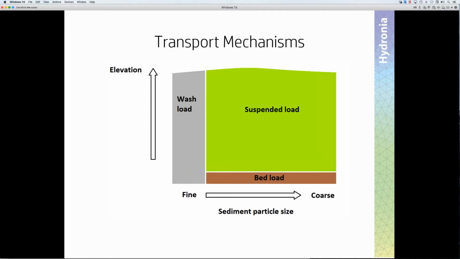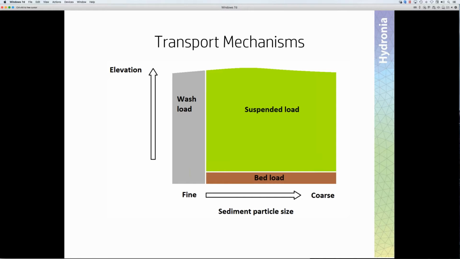The bed load is referred to that mechanism by which the particles move very close to the bed. They roll over the bed. It can jump, but it remains very close to the bed, and it's normally formed by the most coarse particles in the size distribution.